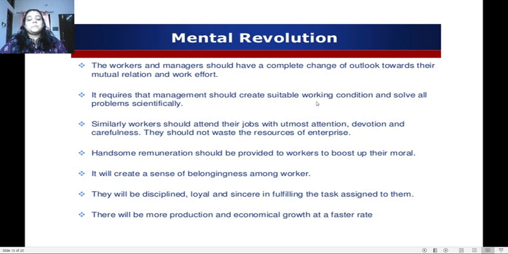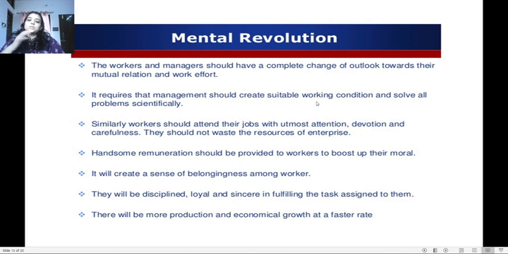It requires that managers should create suitable working condition and solve all the problems scientifically. So they should try to solve the problem scientifically rather than hit and trial method, right? Similarly, workers should attend their job with utmost attention.